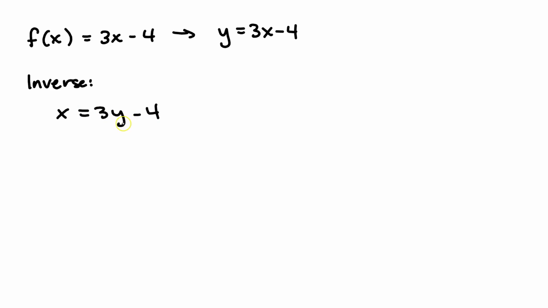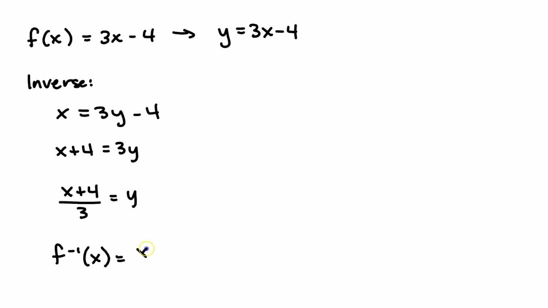We typically will then solve it for y or isolate y. So we can add 4 to both sides and divide both sides by 3. You could write it like this, or you could divide each term individually by 3. And so that is the inverse, and then we can rename this f inverse of x. You could write it as 1/3 x plus 4/3 if you wanted to. And if you had to graph it, that would probably be the way to go.